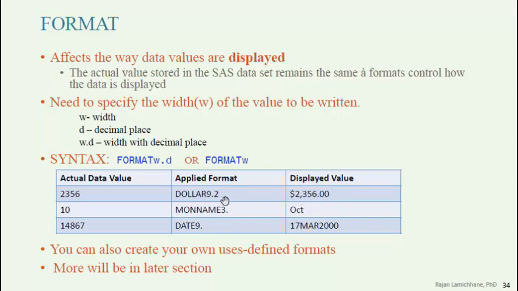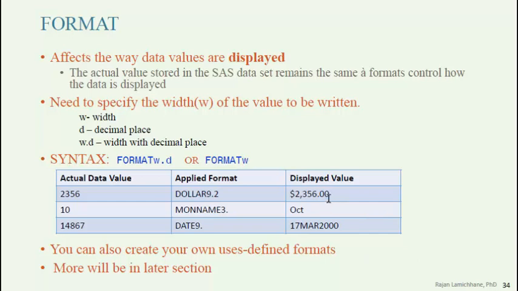So how do you write this 9.2 or 10.2? The 9 indicates the total number of characters you need, and the 2 after the decimal is the number of decimal places. So the syntax for format is format w.d. Or if you don't have decimals, you can just write format w, where w is the width of the format.